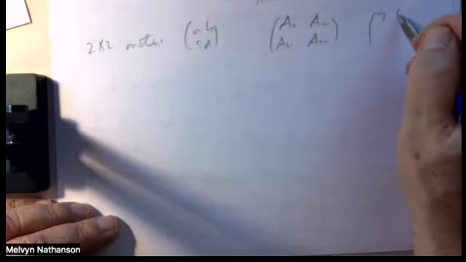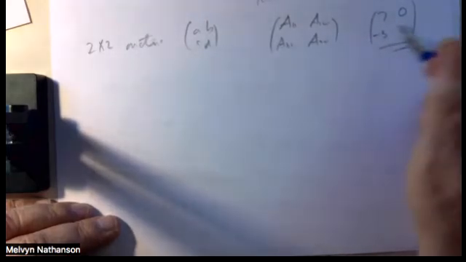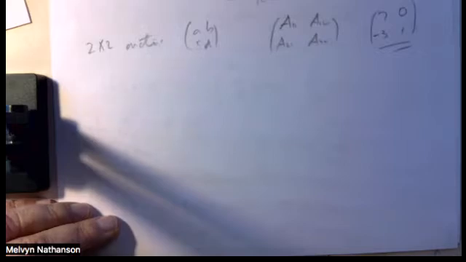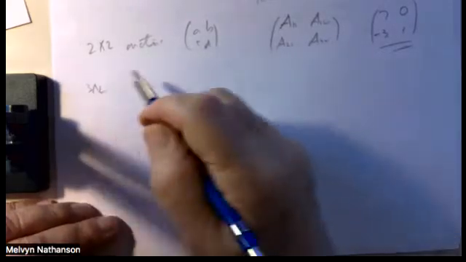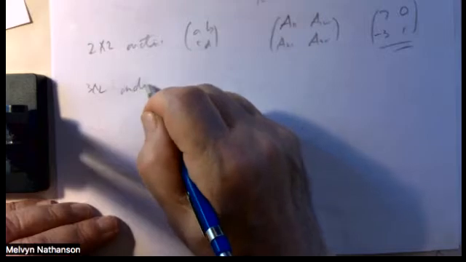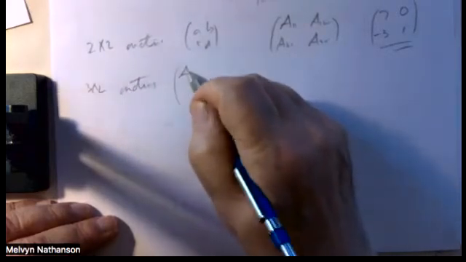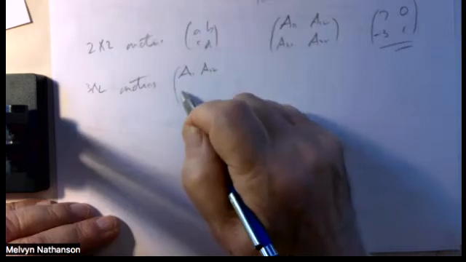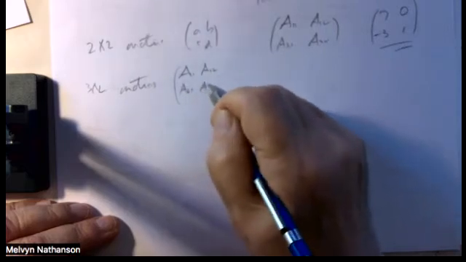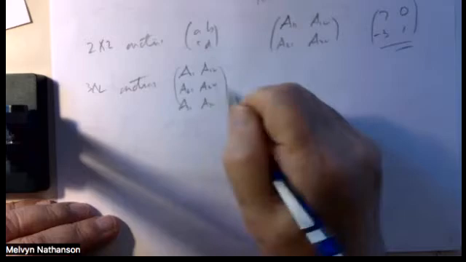Like 7, 0, minus 3, 1. This is a 2 by 2 matrix. A 3 by 2 matrix has 3 rows and 2 columns. So the first row might be A11, A12, the second row A21, A22, the third row A31, A32.